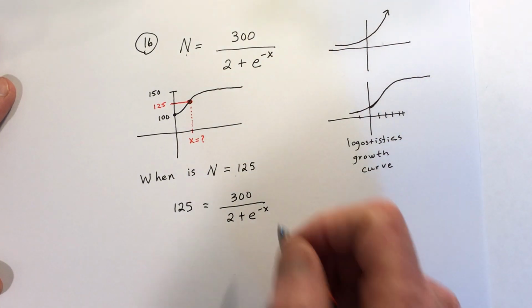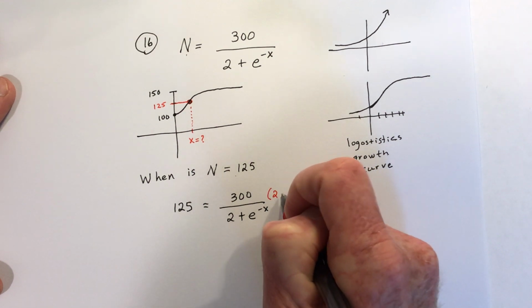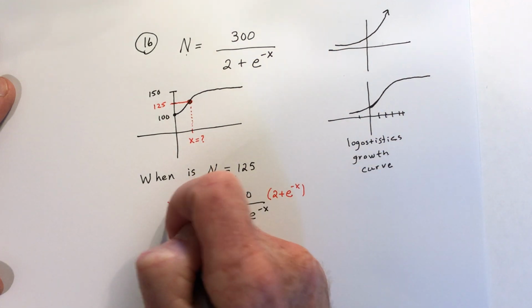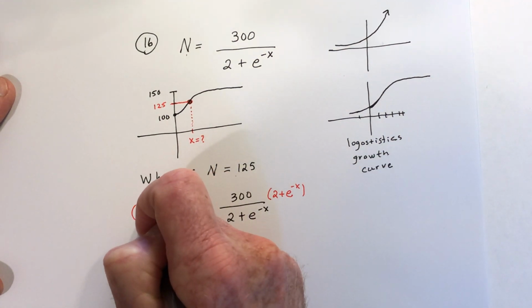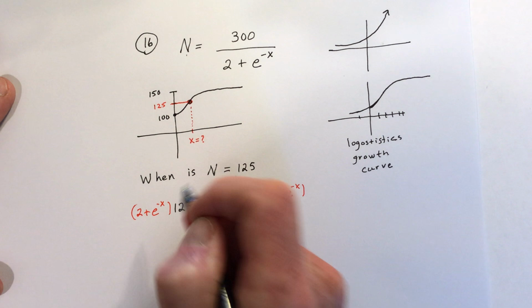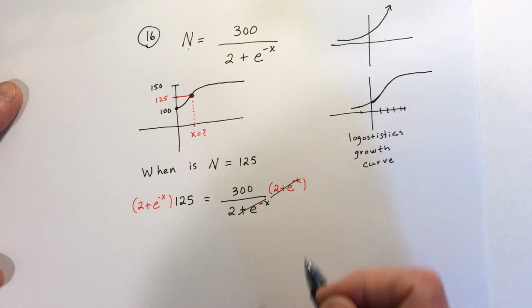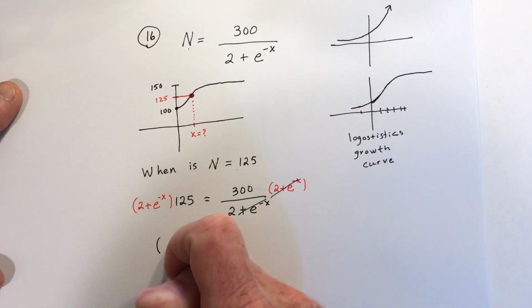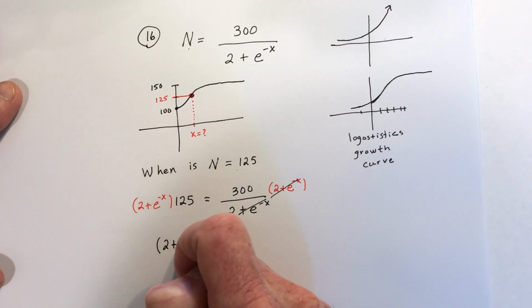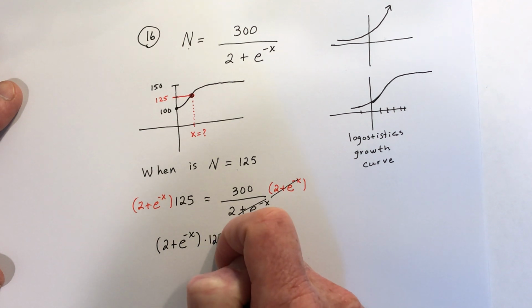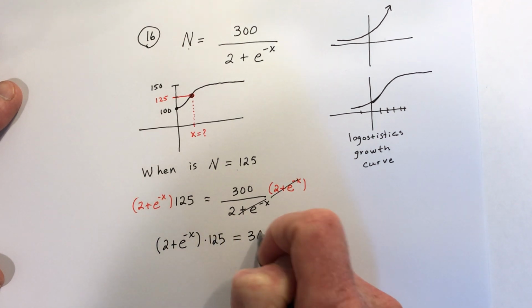So what I'm going to do is multiply both sides by 2 plus e to the negative x. These are going to cancel. And I'm just going to leave this in parentheses. 2 plus e to the negative x times 125 equals 300.